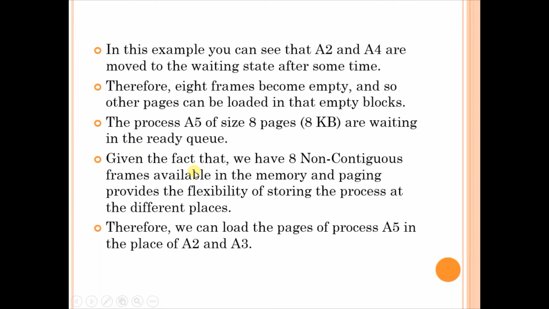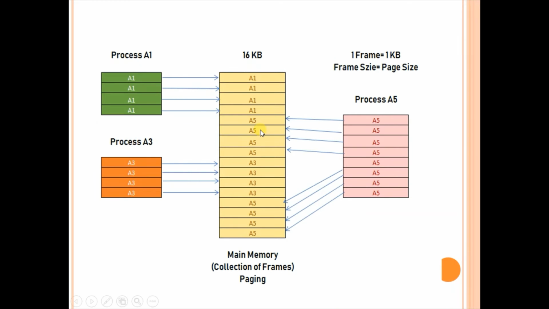Given the fact that we have non-contiguous frames available in the memory, paging provides the flexibility of storing the process at different places. Therefore, we can load the pages of process A5 in the place of A2 and A4. Here you can see we have 4 KB here and 4 KB here.